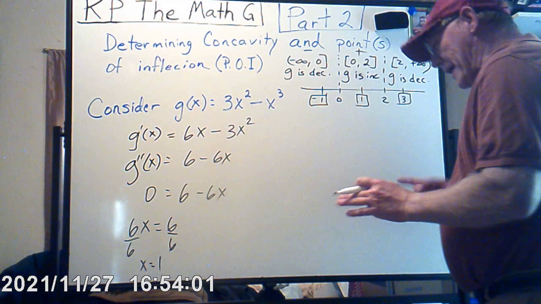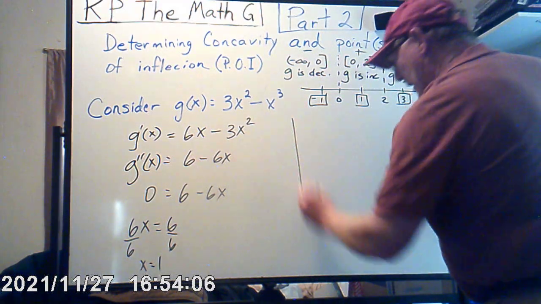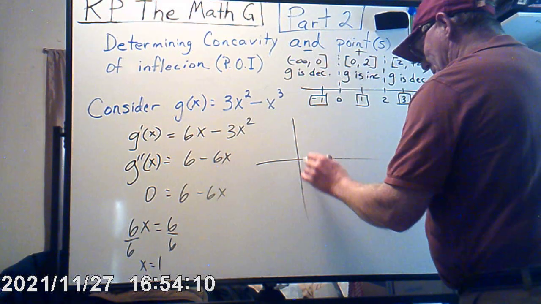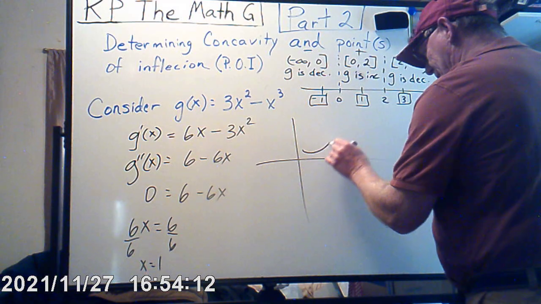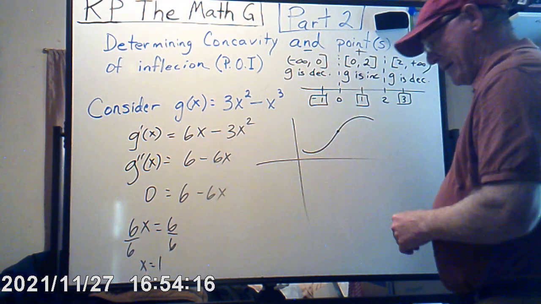What do we mean when we found 1 here? This means that this is a possible point of inflection. Let me show you again what a possible point of inflection looks like. That would be that right there.